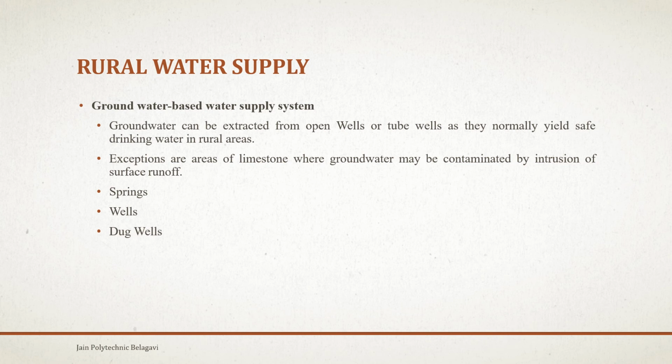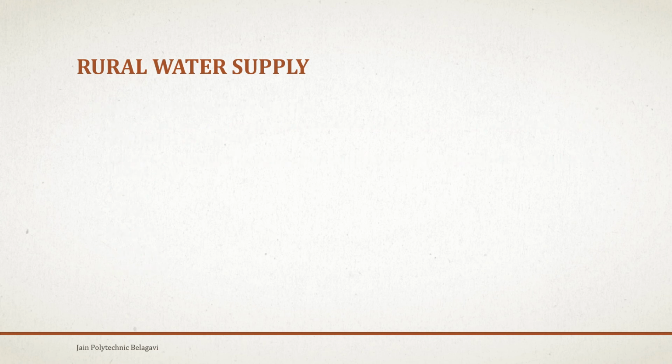There are dug wells, jetted wells, and bored wells. So these are the different systems we use for rural water supplies.